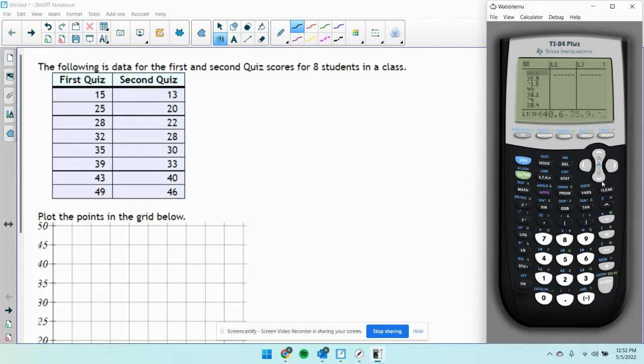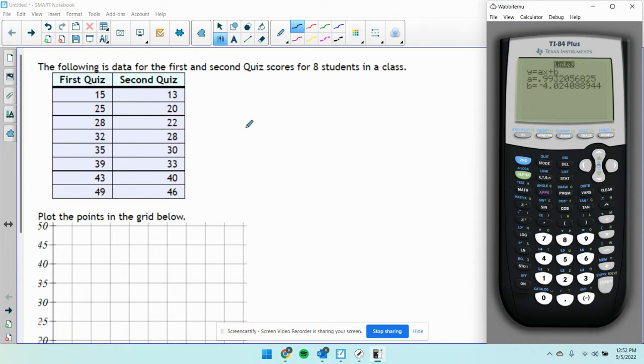So let me clear this out. That's right. Then I'll go to Stat, over to Calculate, and calculate the linear regression.